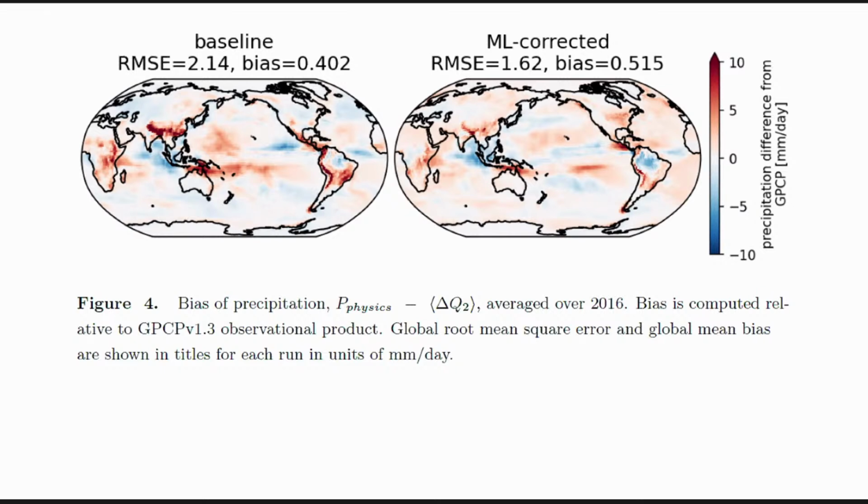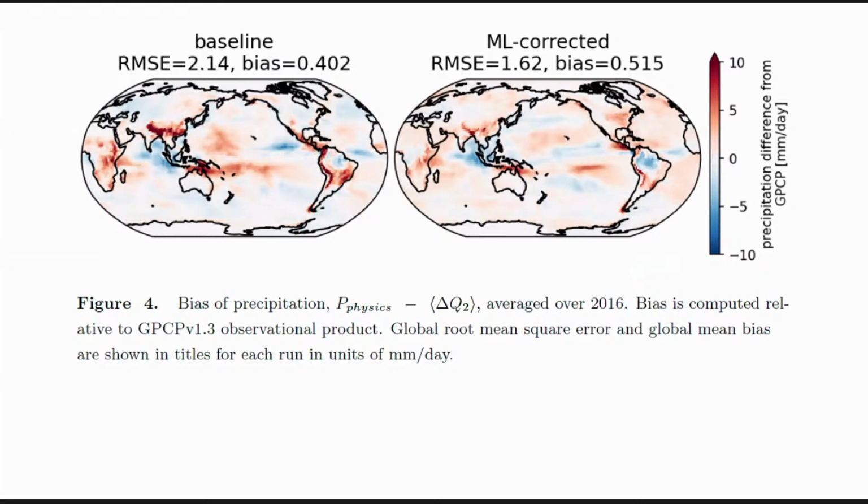If we look at the overall 2016 average of the unnudged, uncorrected model compared to a GPCP observation product, we can see it rains too much in some places like Alaska. It rains too little in some places like in the Amazon basin and Southeast Asia.